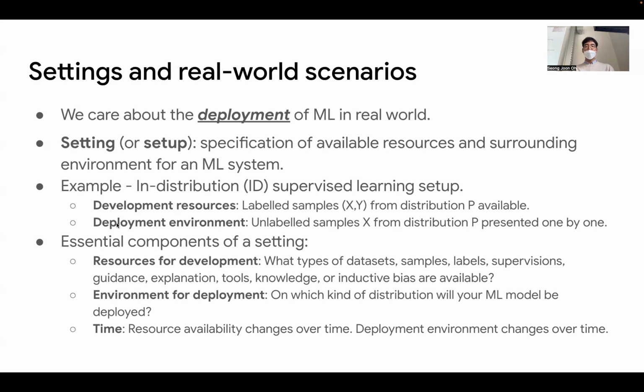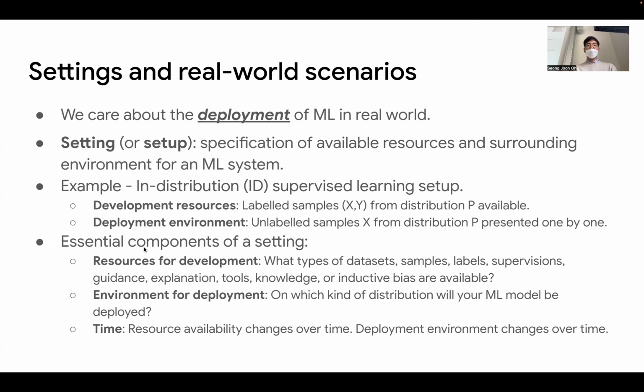And the deployment environment should have the same kind of data, not the labels this time, but data which comes from the same distribution as the development resources. So this is the ideal scenario that machine learning research started its exploration in.